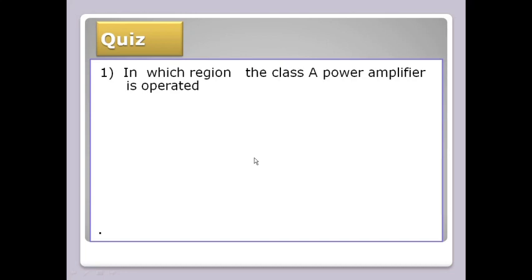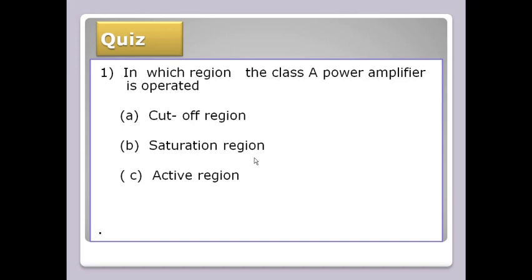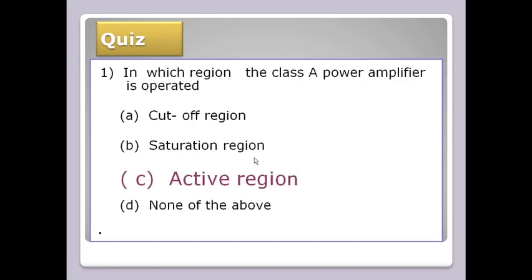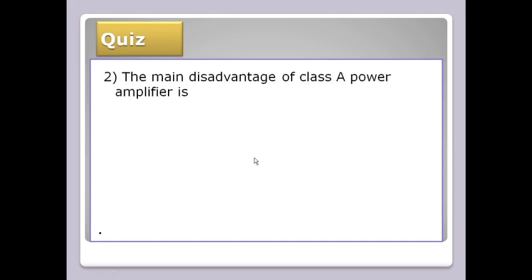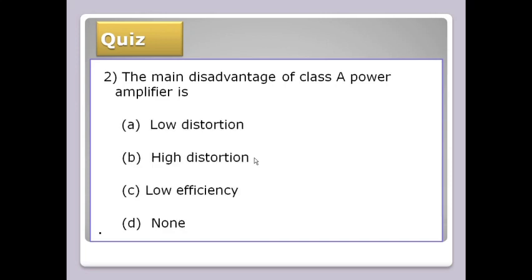In which region is the class A power amplifier operated? Cutoff region, saturation region, active region, or none of the above? The answer is the active region only, as it is used as an amplifier. The main disadvantage of the class A amplifier is low efficiency; efficiency is only 25% and 50%.